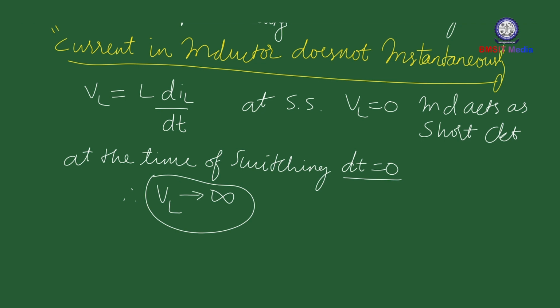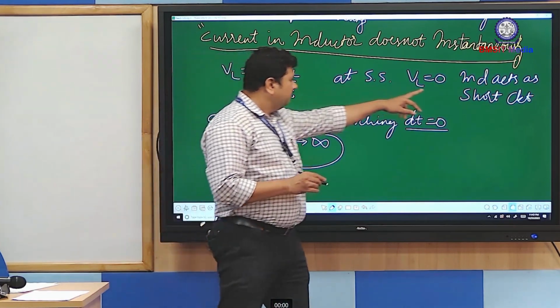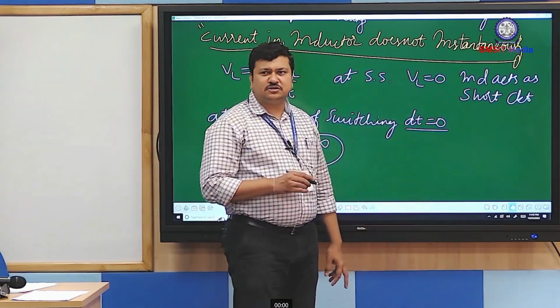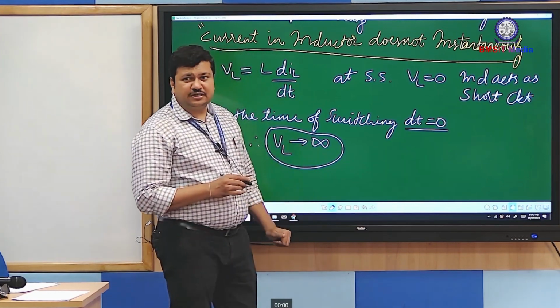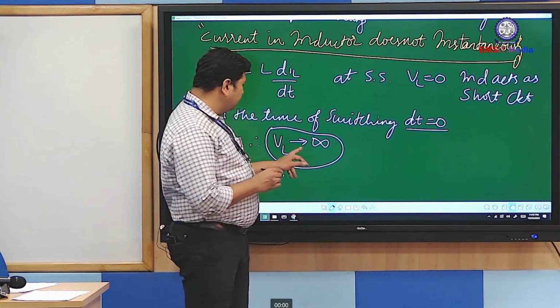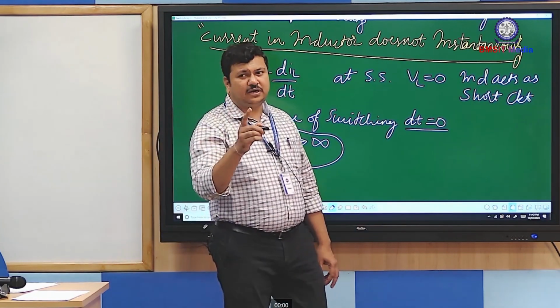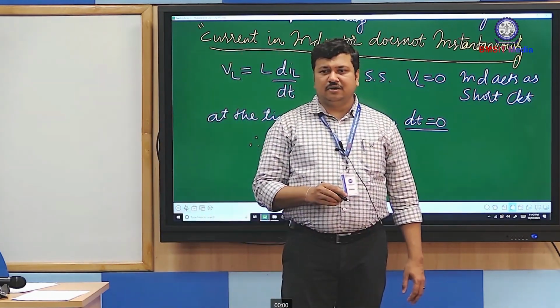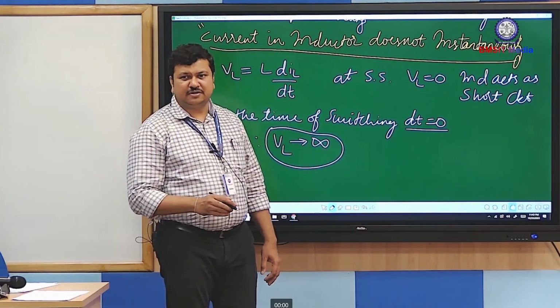See, there are two behaviors of the inductor. Under steady state condition, my inductor is operating as a short circuit. At the switching condition, my inductor voltage is tending to infinity. When the voltage is high, definitely it is not a short circuit, and when the voltage is infinite, I consider it as an open circuit.